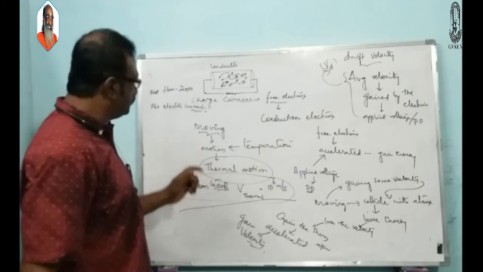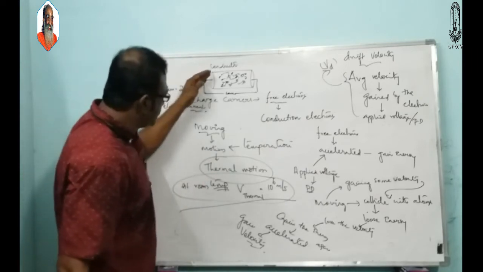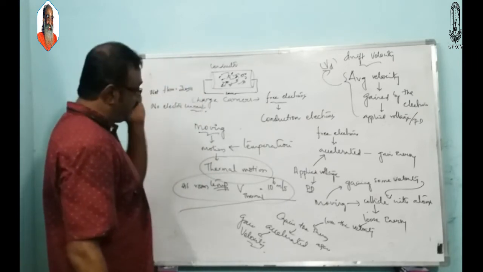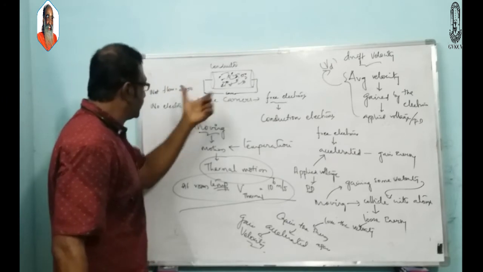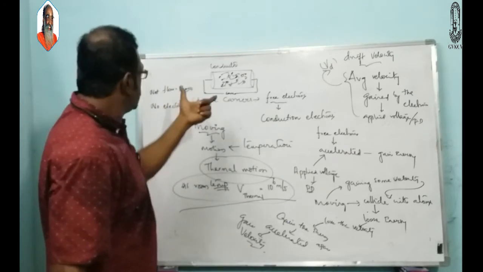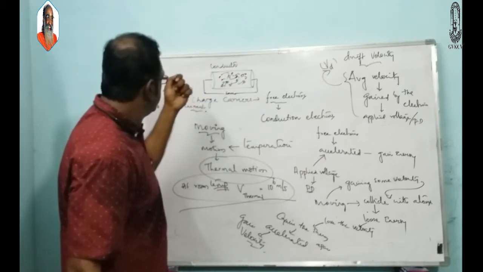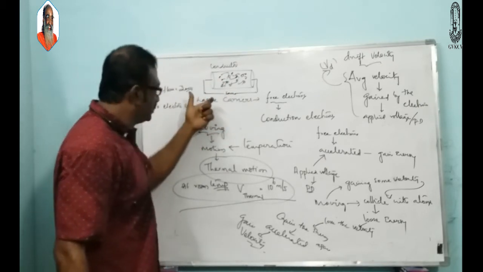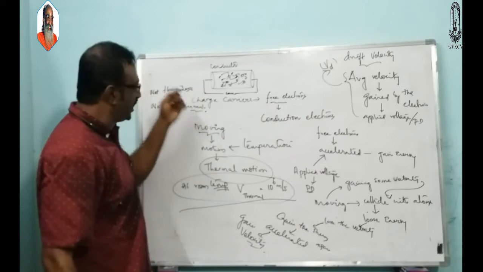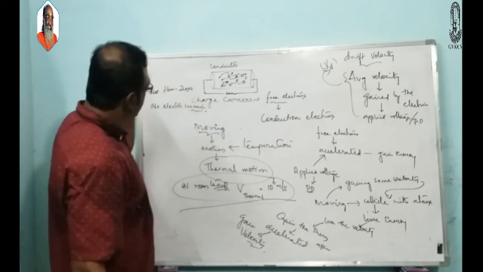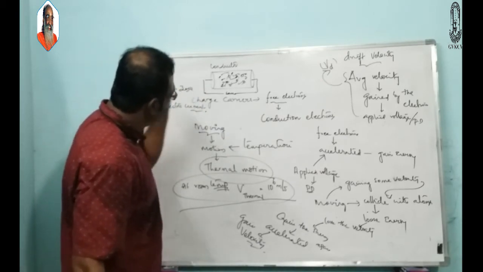The next situation is when the voltage, or potential difference, is applied. Because of this applied voltage, these free electrons will be accelerated and gain energy. Because of gaining energy, they start moving.